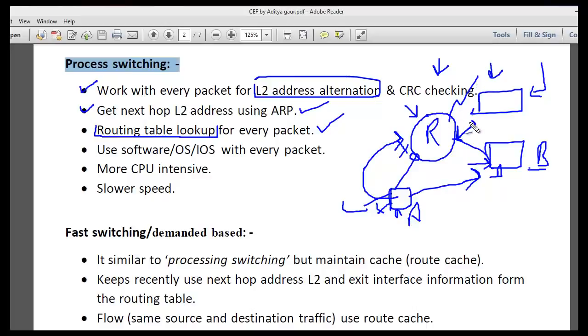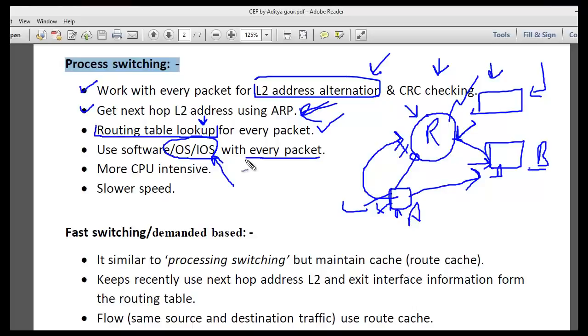So with every packet, your operating system, IOS, is involved along with your hardware to find the destination address, change the layer 2 address, look up the next hop or destination layer 2 address, and then find the route to forward.